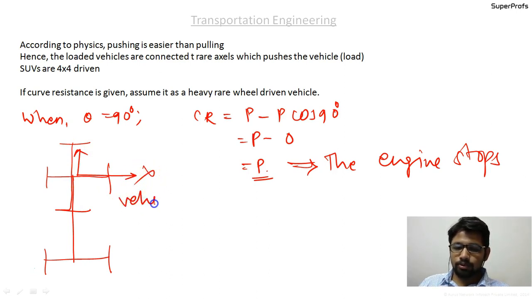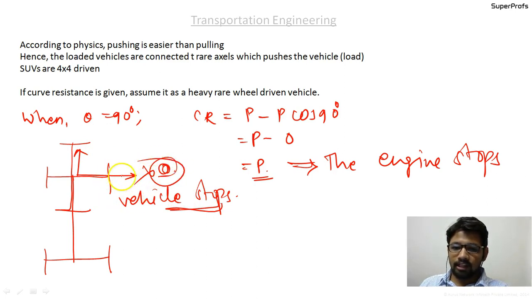The vehicle stops. Even if you take just the components, you will get that the component value is 0 over here. So the power transferred in this direction is 0.